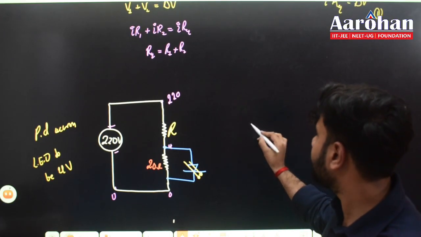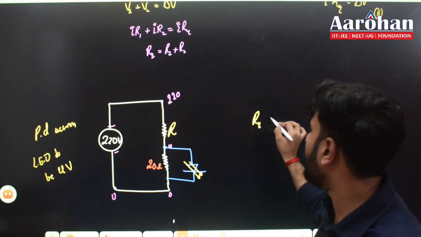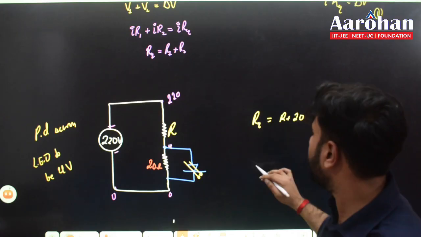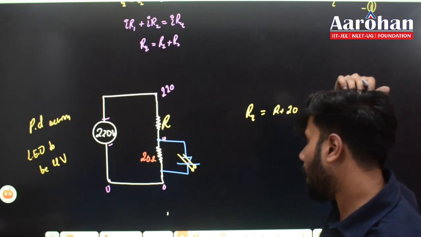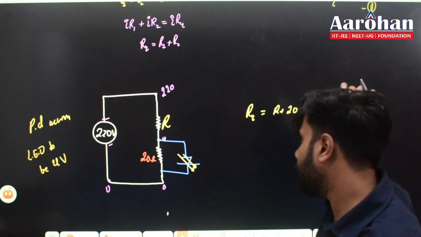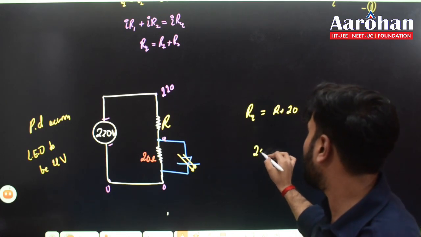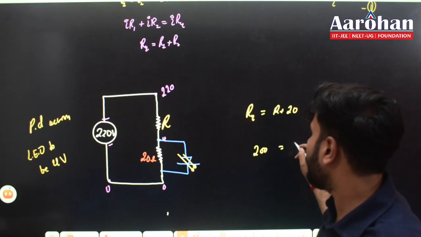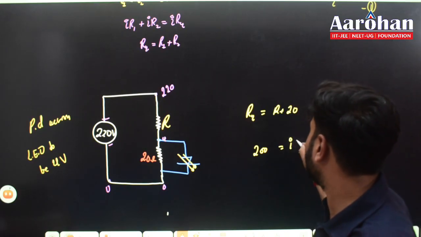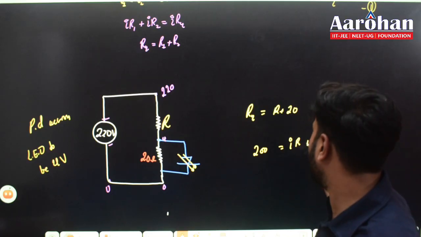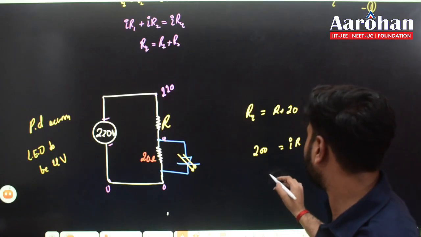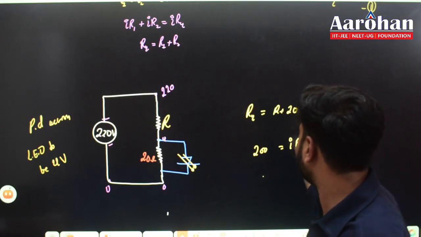Now how can you do it? First, R equivalent will be R plus 20, right? And the potential difference is given. You can do a long process also. This will be I times R, and this will be I times 20.